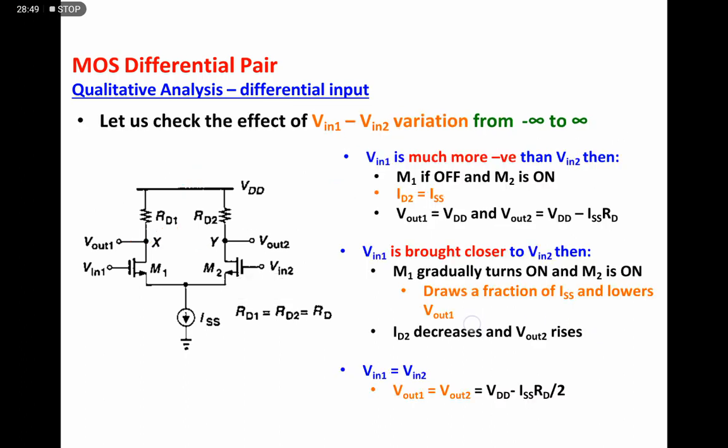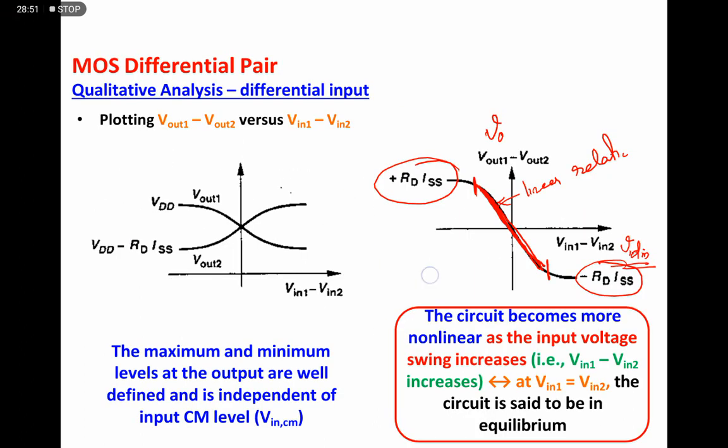In the reverse manner also we will get it, when Vin1 minus Vin2 decreases or increases in the negative direction, M2 will conduct more and M1 will conduct less. So the output increases in the positive direction and it is saturated after some point.